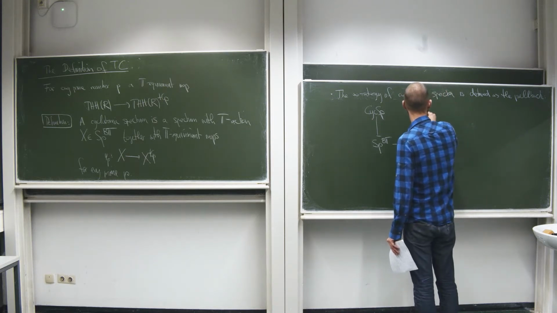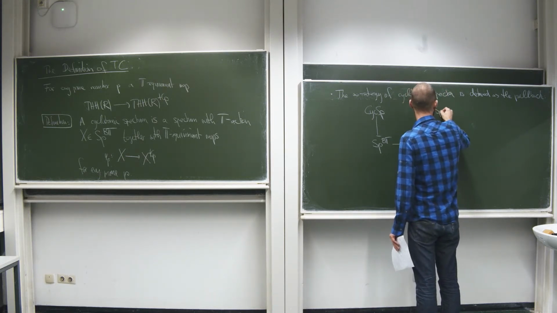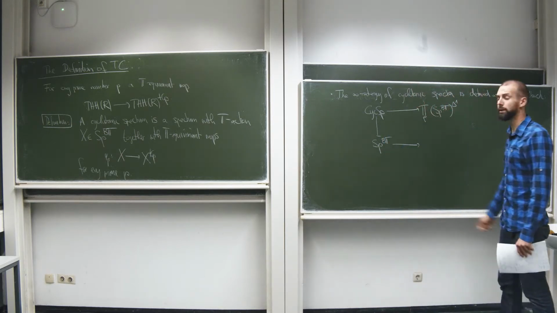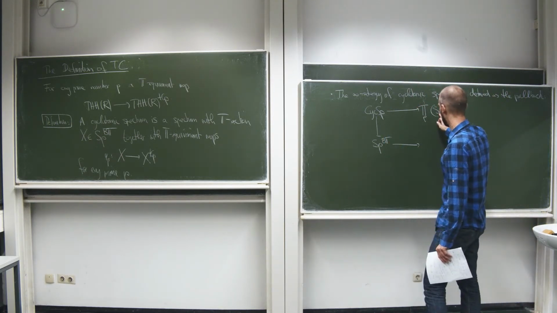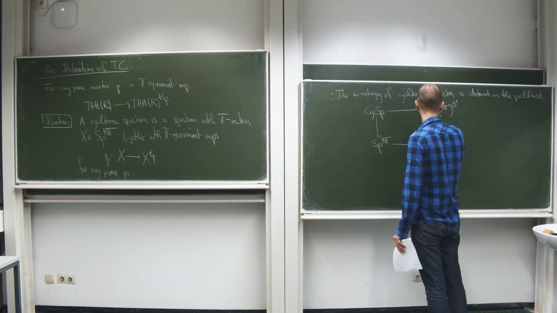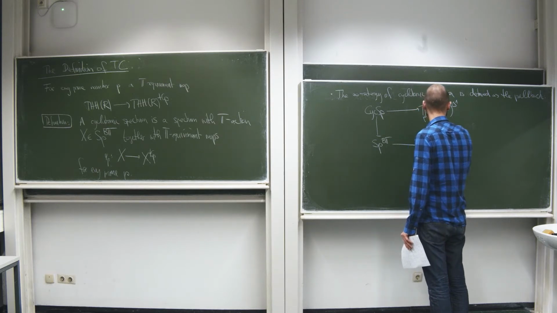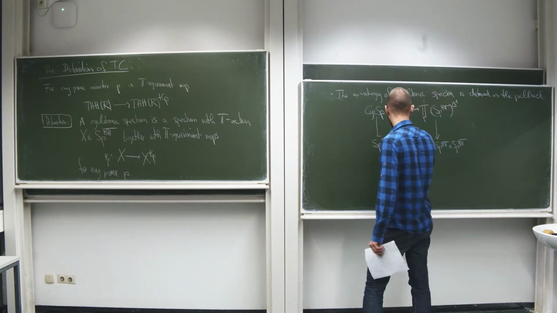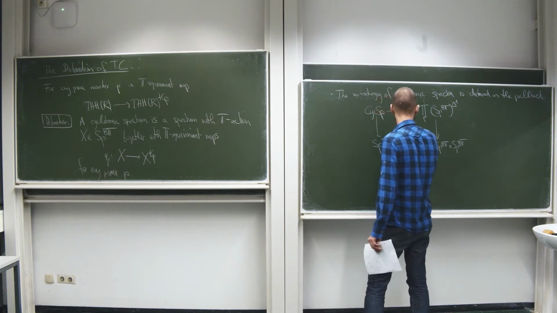So for every prime p we have a map of spectra with T action, so an object in Sp^{BT} to the Δ^1, the arrow category, where p runs through all primes. And this has to have as source our initial spectrum and as target the Tate construction.